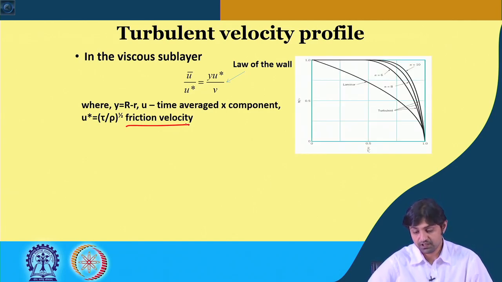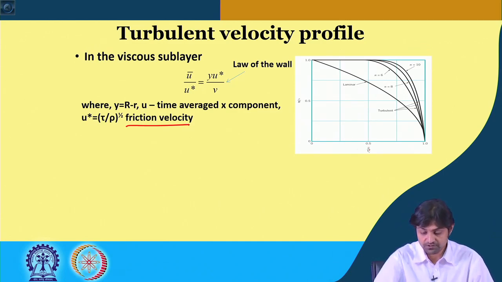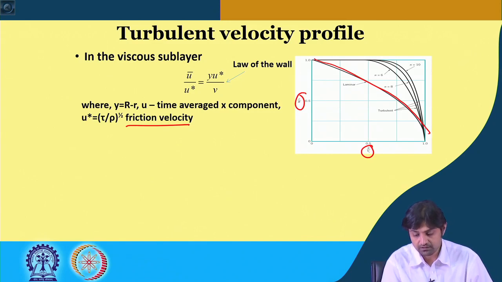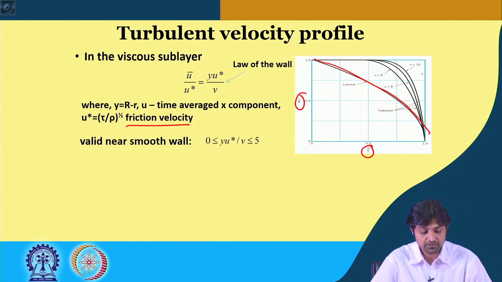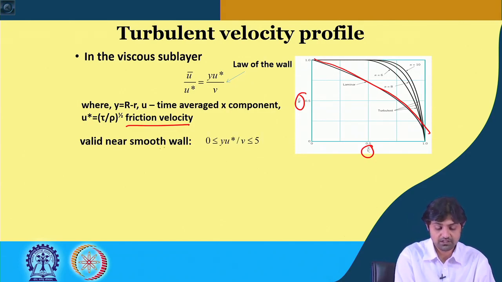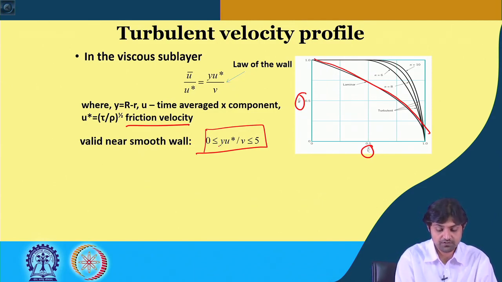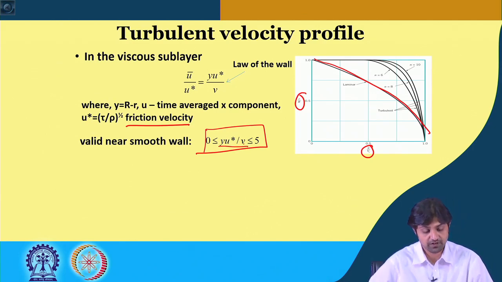There is a curve figure here, with u bar by center line velocity and r by R, with the laminar flow curve, and n equal to 8 and n equal to 6; we will come to what n is. This law of the wall is valid very near the smooth wall, given by y u star by nu less than 5.